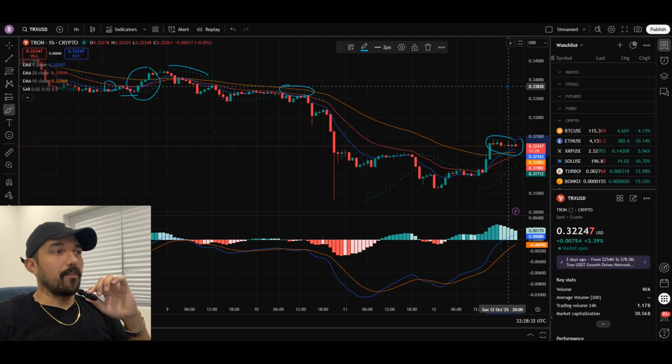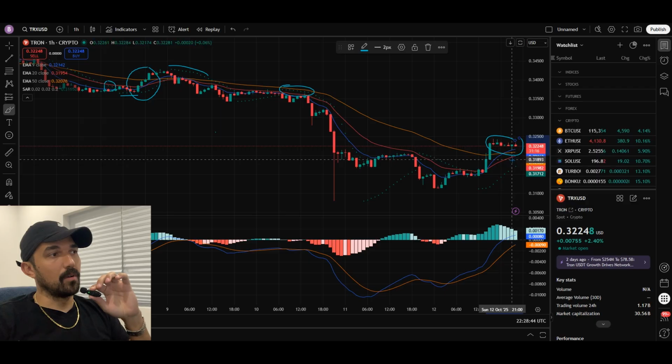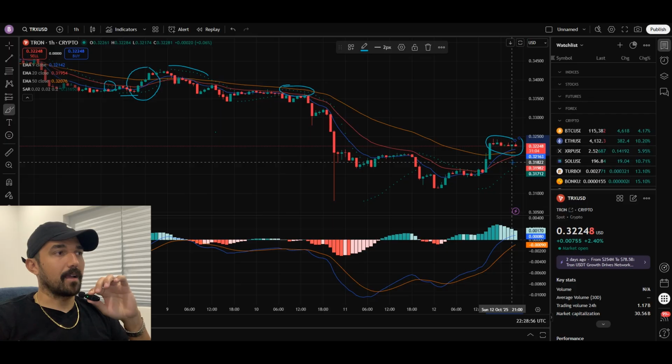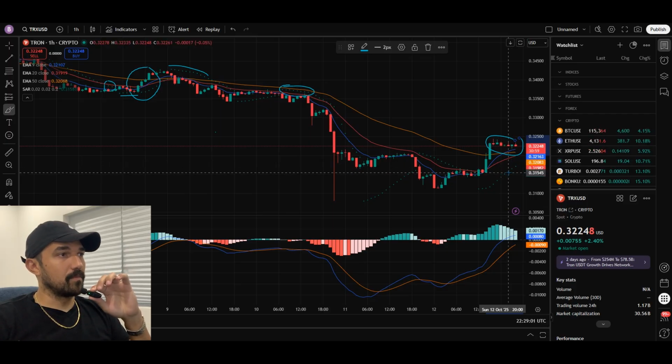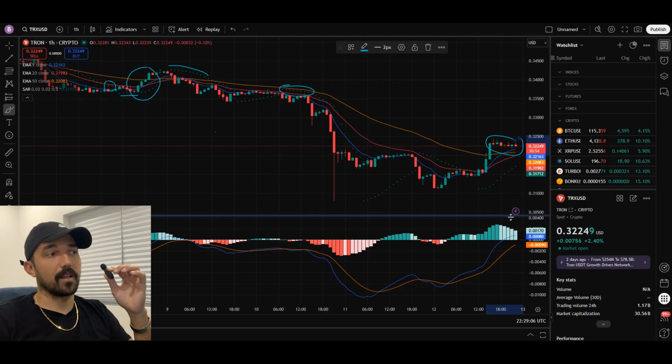But if it doesn't break this consolidation, and if we're looking at these indicators, let's just say tomorrow we come back and we see the parabolic SAR and we see the EMA line start to form another downtrend in this consolidation zone, then we could be looking right back at a rejection, anywhere down to 31 cents, possibly 30 cents, possibly 29.